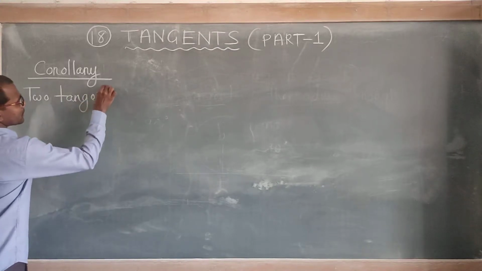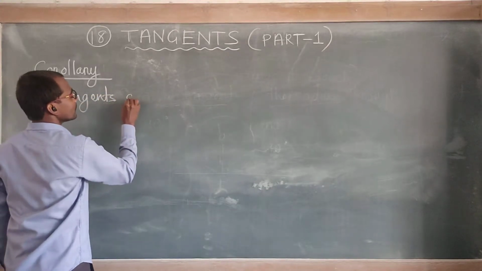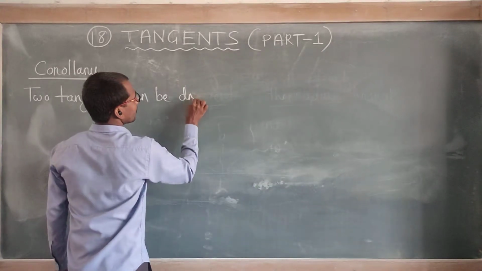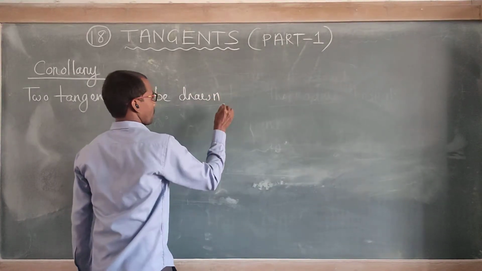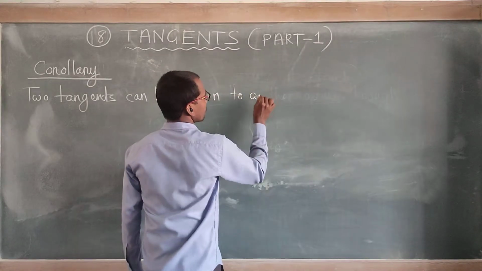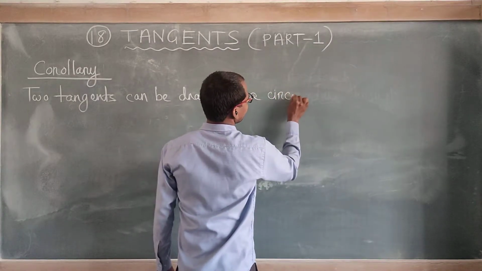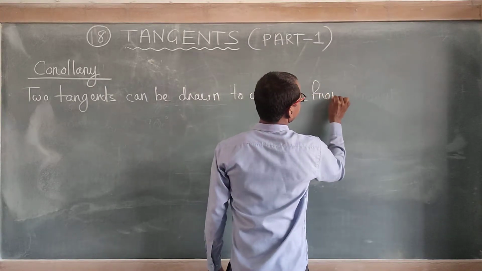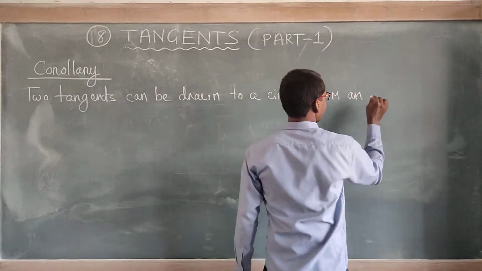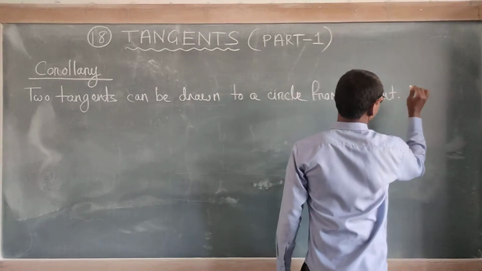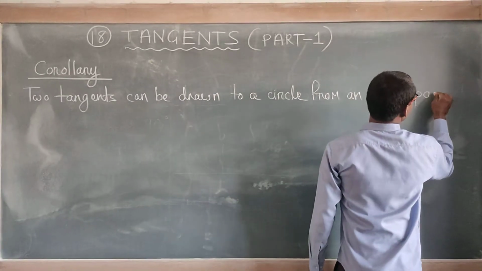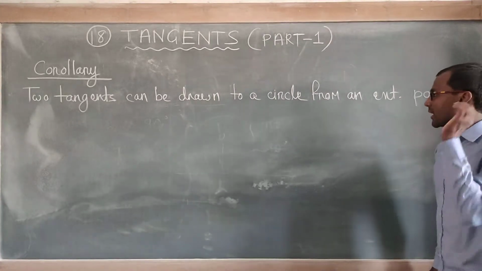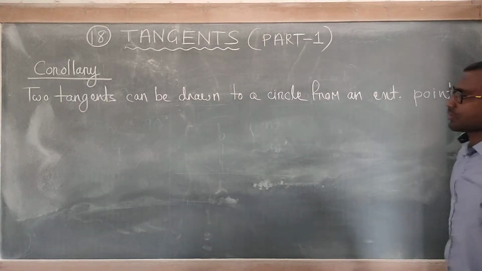Two tangents can be drawn to a circle from an exterior point.